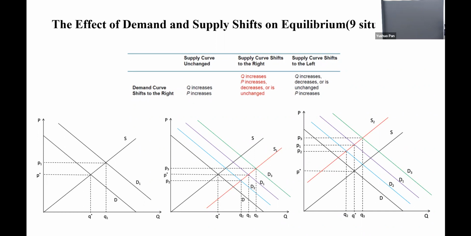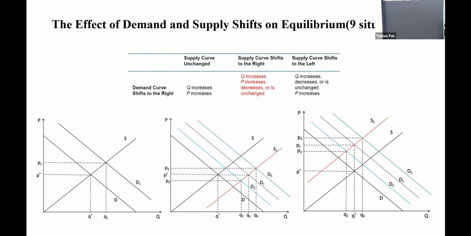What if the shift of the demand curve is a smaller amount than the supply shift, which is from D to D2? That's the blue line. So that's the new equilibrium, the intersection between the blue line and the red line. The black lines are the original equilibrium. You can see the price decreased from P star to P2, and the quantity increased from Q star to Q2.